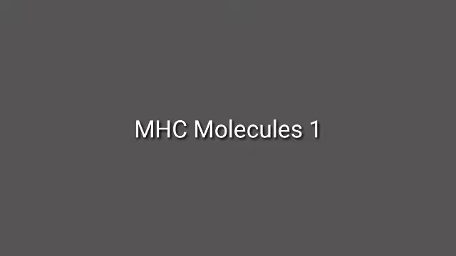Again, listen: MHC class 1 A molecules or MHC class 1 C molecules or MHC class 1 B molecules. These areas are absolutely identical, because these areas are identical in all the class 1 molecules in all the human race. So we are calling them constant.